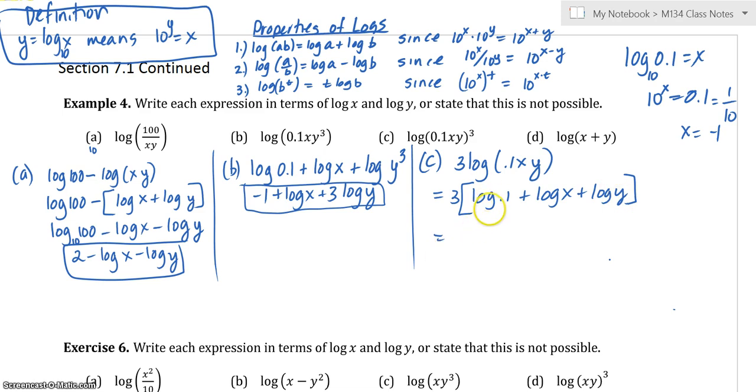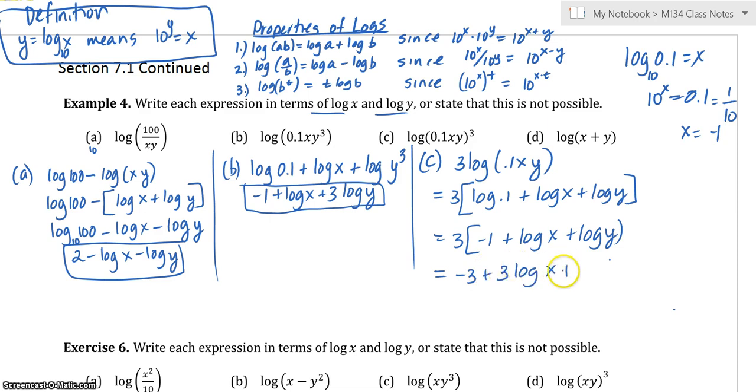So we figured out that to be -1. This one we do not know. That's what they wanted, in terms of log of x and log of y, so that's okay. So we can multiply the 3 in for each, which just does make sense.